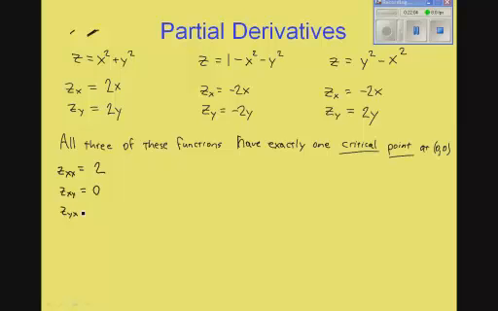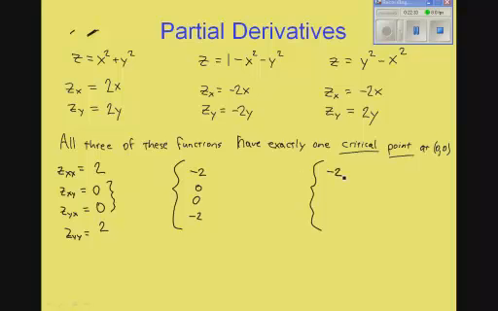And z_yx is, and z_yy is 2. Could you guys take a minute and do the partial derivatives for each of those? All right. So what do we get? Negative 2, 0, 0, and negative 2 for the 4 quantities. And here, you got negative 2, 0, 0, and 2 for the 4 quantities, right?